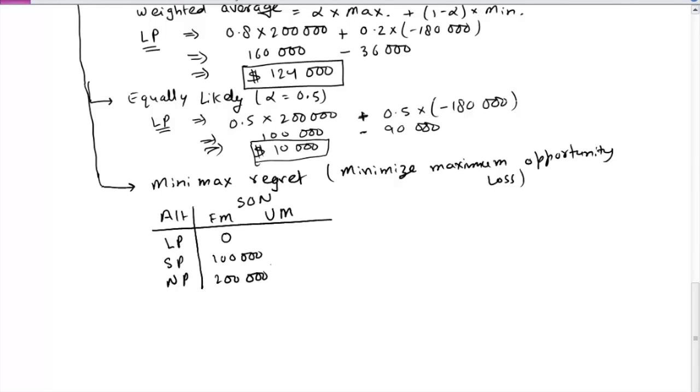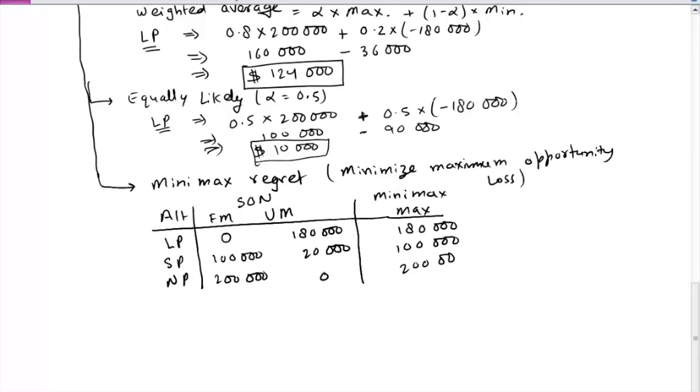Similarly, maximum value in the second column is 0. So 0 minus negative 180,000. So negative and negative become positive. Now minimum of the three is 100,000. So it tells us that we go for a small plant because that will minimize the maximum opportunity loss.